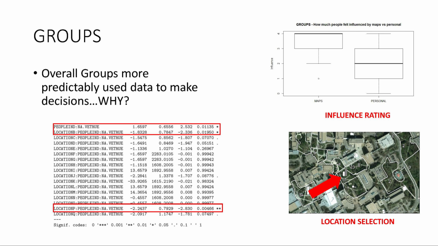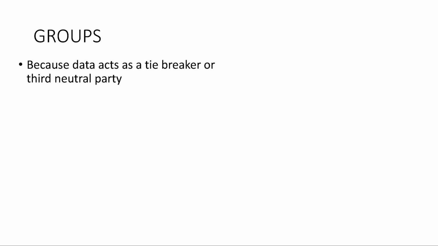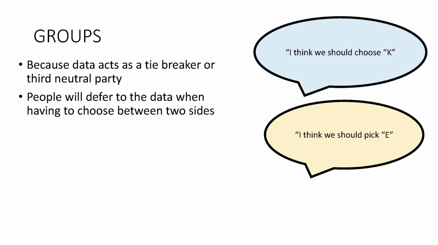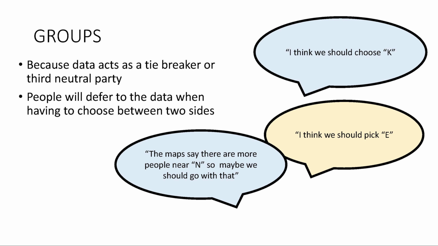Now, why might this be? We present that it's because the data acts as a tiebreaker or a neutral third party. People will defer to the data when having to choose between two sides. So one person will say, I think we should choose K. And the other person says, I think we should pick E. And then they respond by saying, the maps say there are more people near N, so maybe we should go with that.